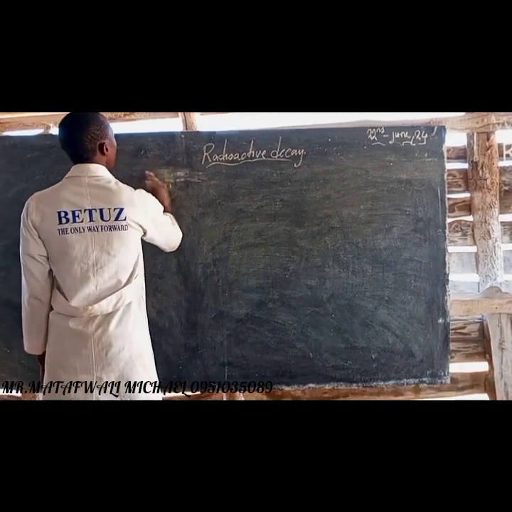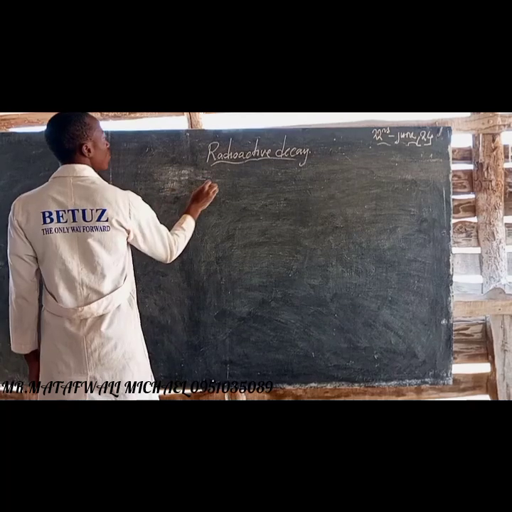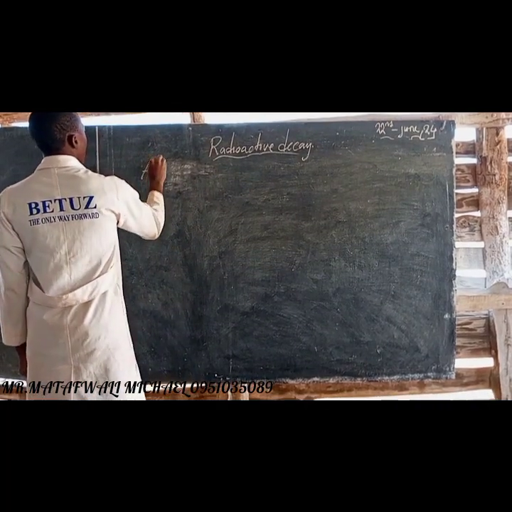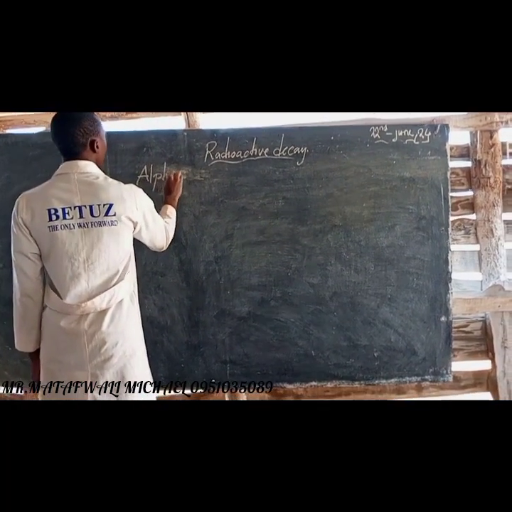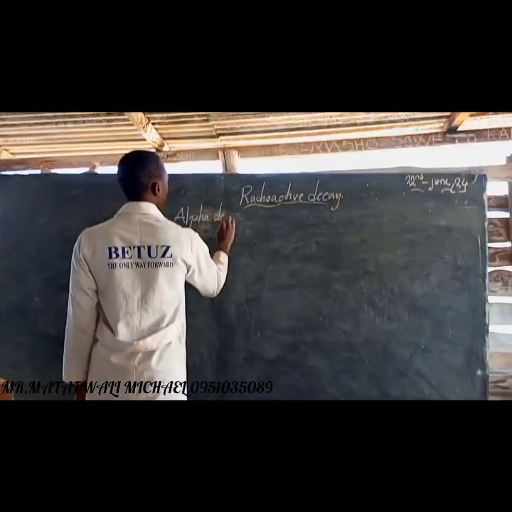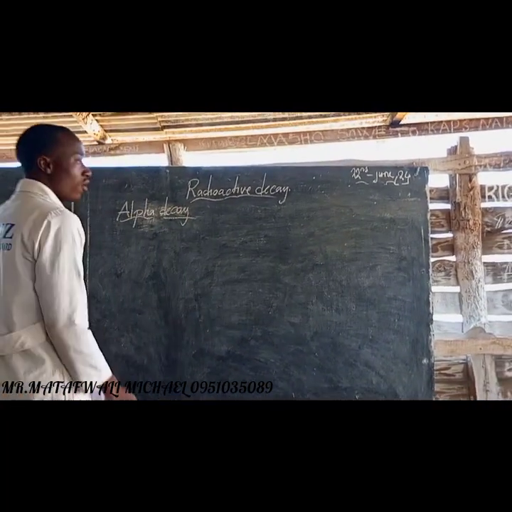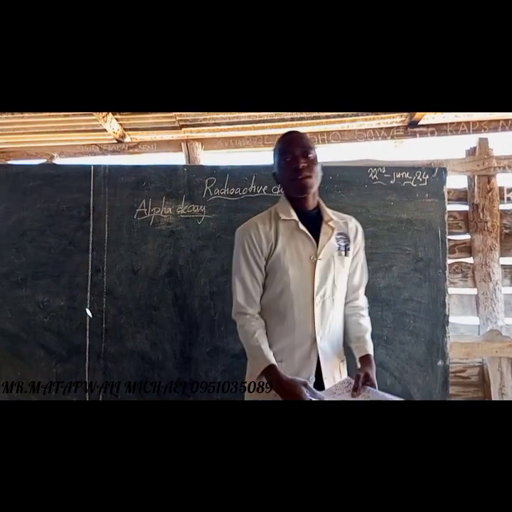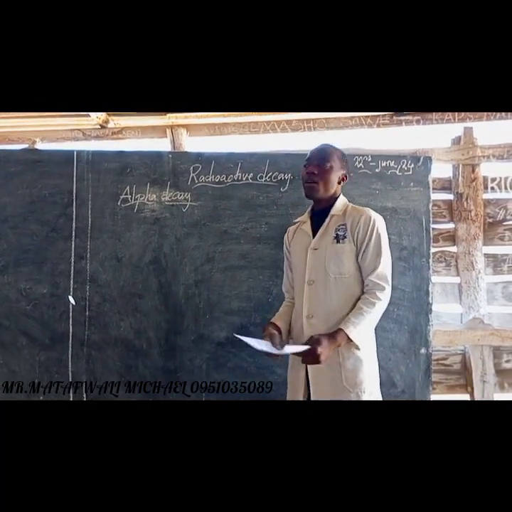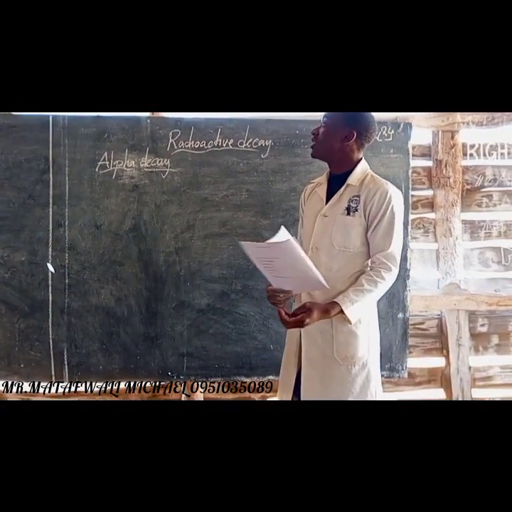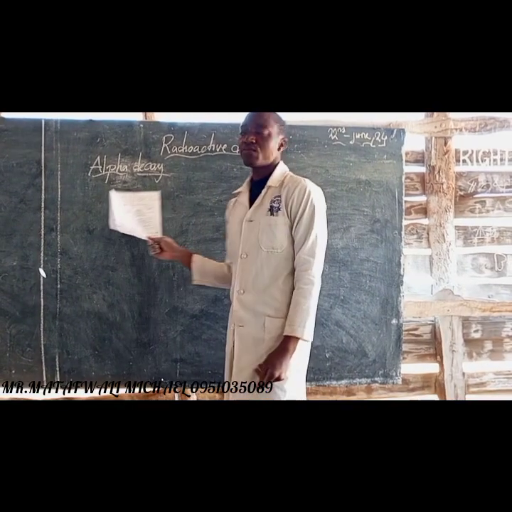So we are going to start with alpha decay. What is alpha decay? Alpha decay is simply when an unstable element emits an alpha particle.